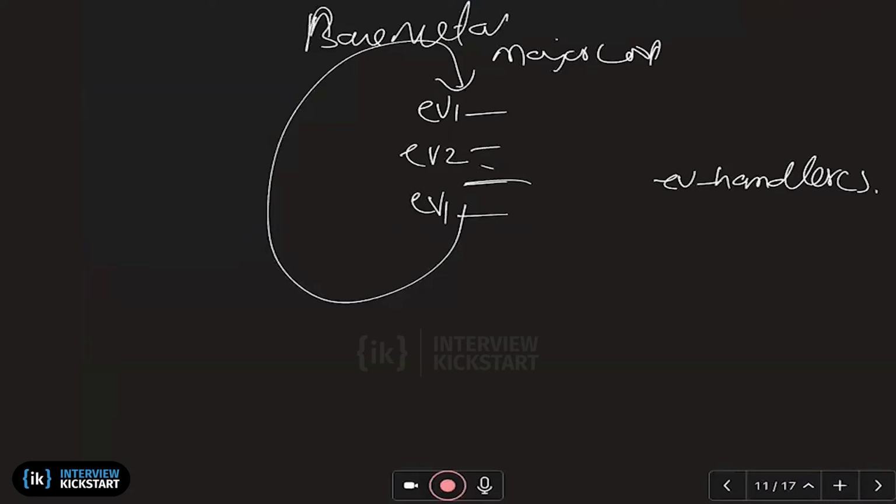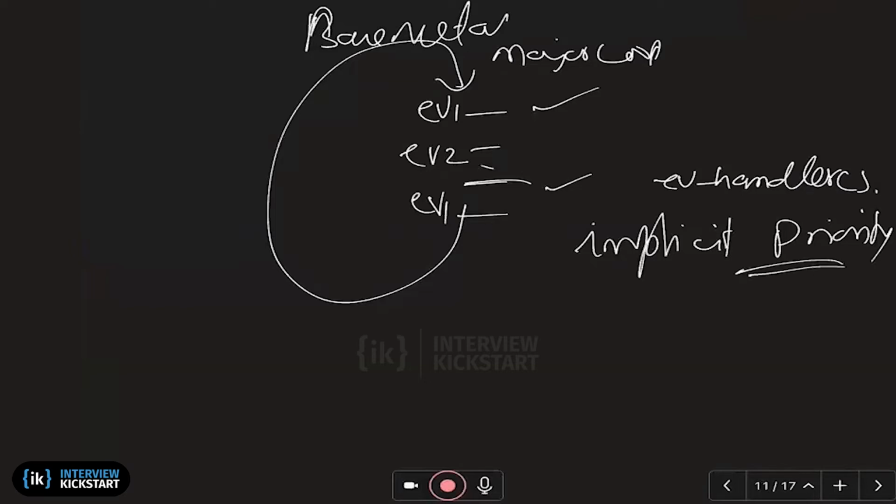If there are multiple events, you will complete one and then come to the other. So there is an implicit priority ordering here. It's burnt into the logic. That means in the order in which you are scanning, whatever the sequence in which you are checking, you basically have an implicit priority.